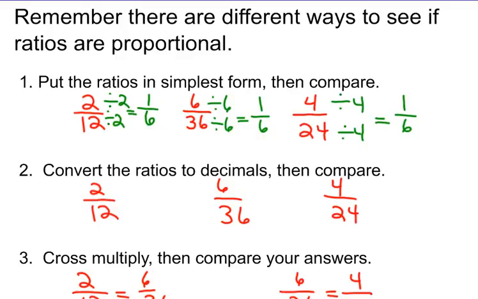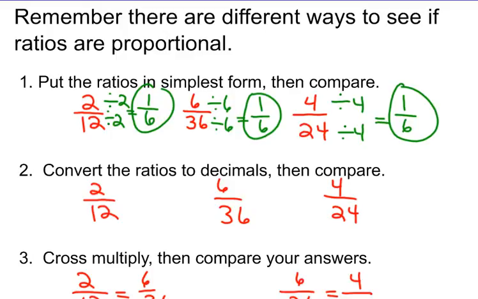And if I do the same thing for the ratio 4/24, if I divide both the numerator and the denominator by 4, I will put it in the simplest terms of 1/6. As you can see, they all reduce to the same ratio or fraction, so these ratios are proportional.